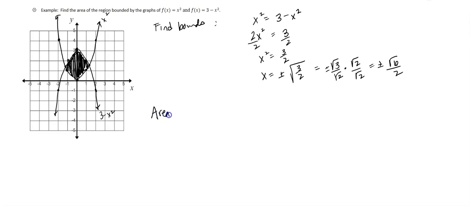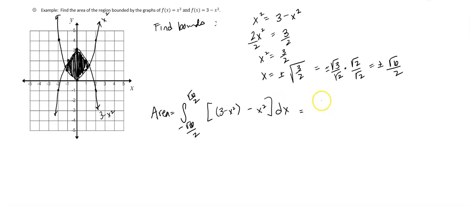So the area then is going to be the integral from negative square root of 6 over 2 to the positive square root of 6 over 2. And I want to make sure that I have the uppermost function first, and that appears to be the 3 minus x squared. And I'm going to subtract the x squared function from that and integrate.